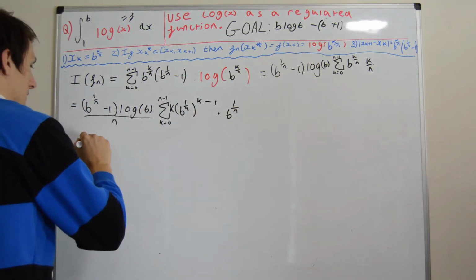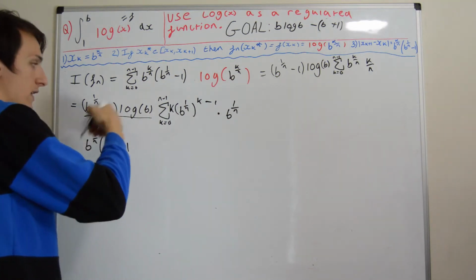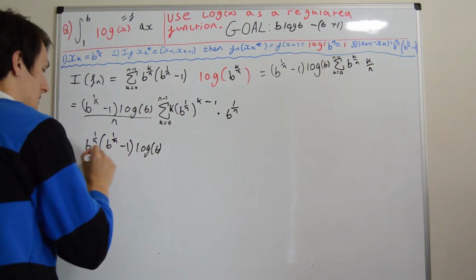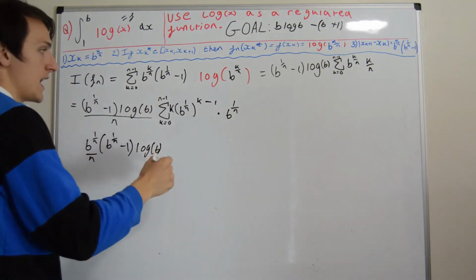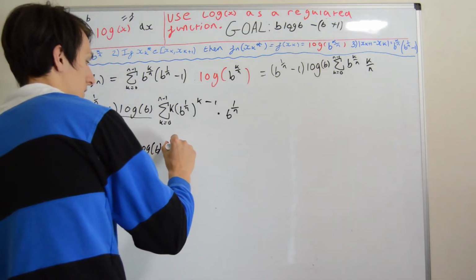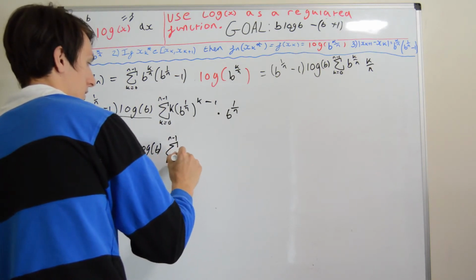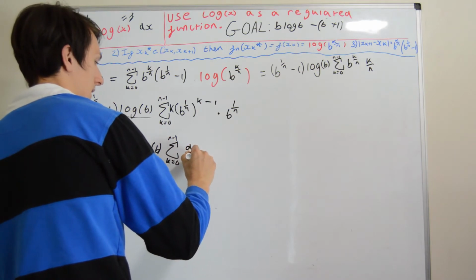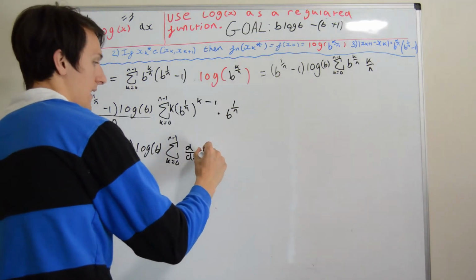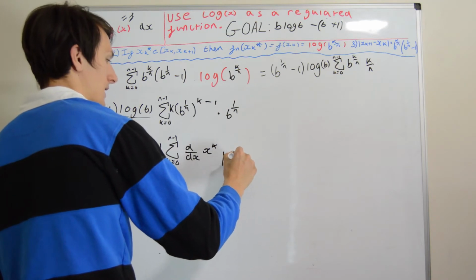So I get b to the 1 over n times b to the 1 over n, just writing all this stuff, log b over n. And then I'm going to rewrite this as the differential. So this is the sum from k equals 0 to n minus 1 of d by dx of x to the k, evaluated at the nth root of b.